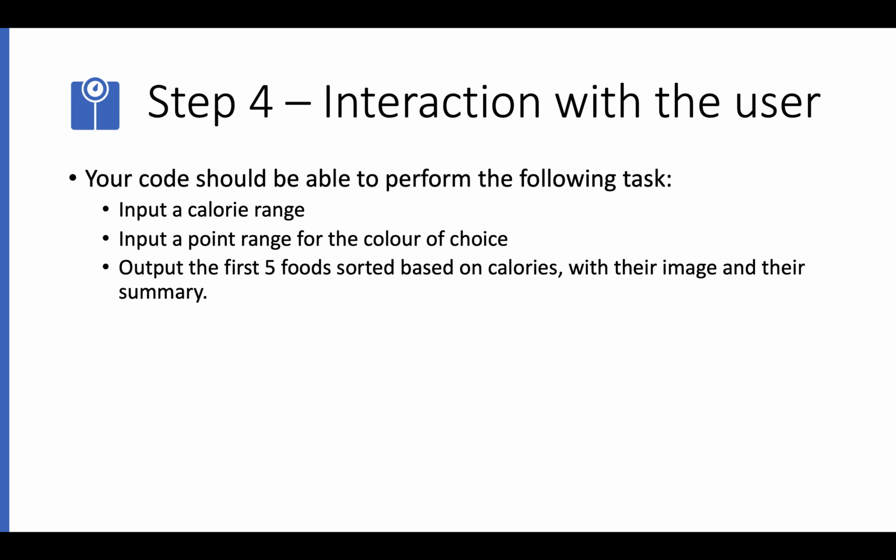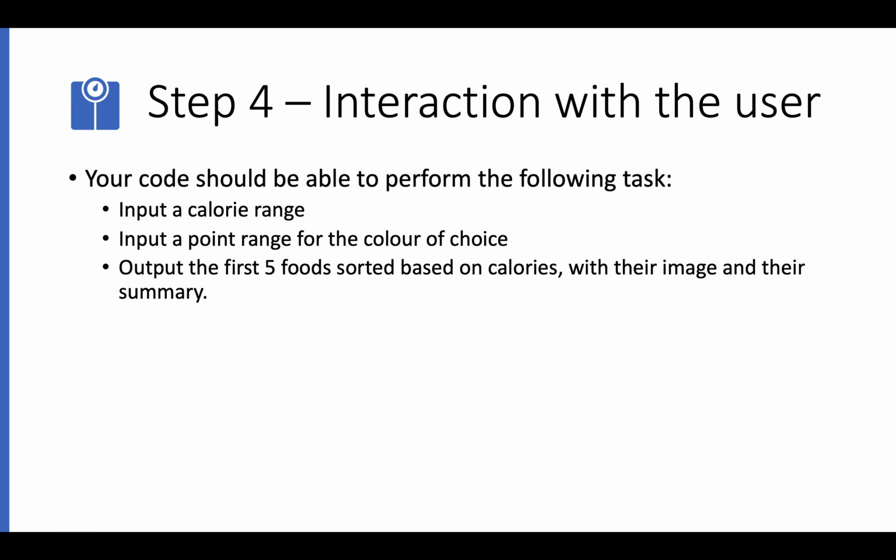Now, as a user, I want to be able to give your code a calorie range and a point range of a color of choice, and then you give me the first 5 foods sorted based on the calories with their images and their summary. I give you an example.